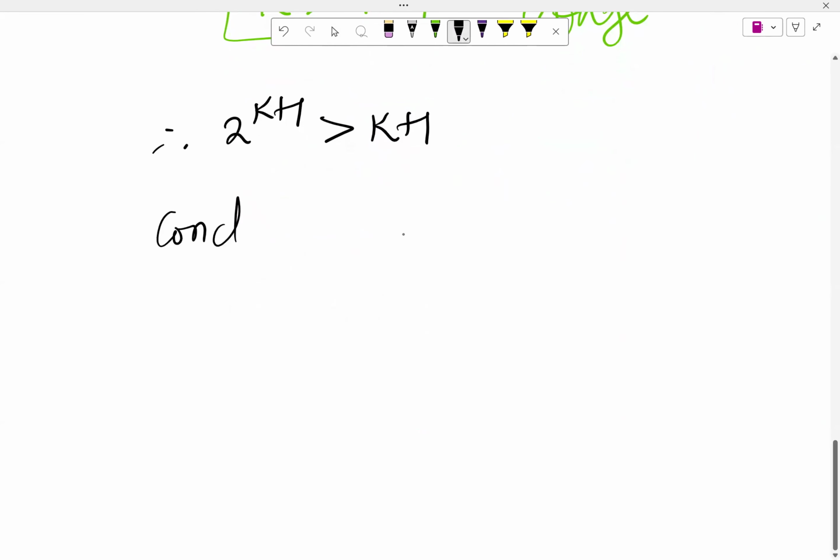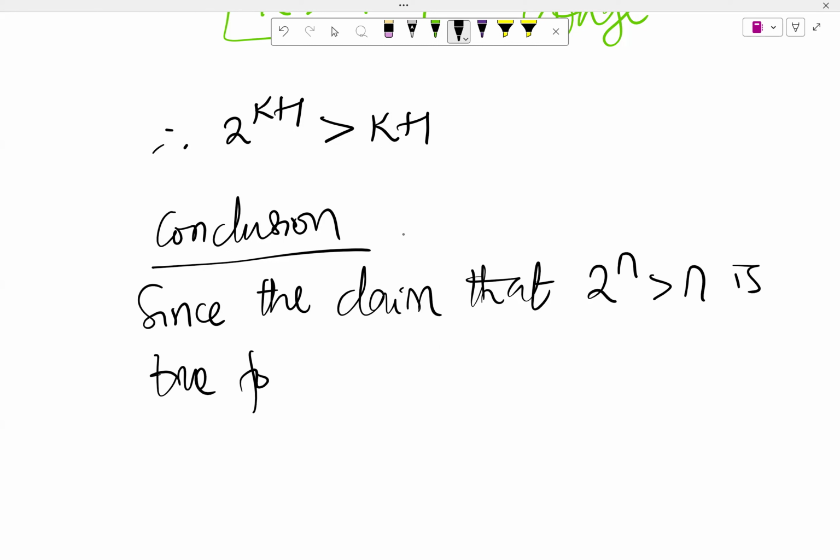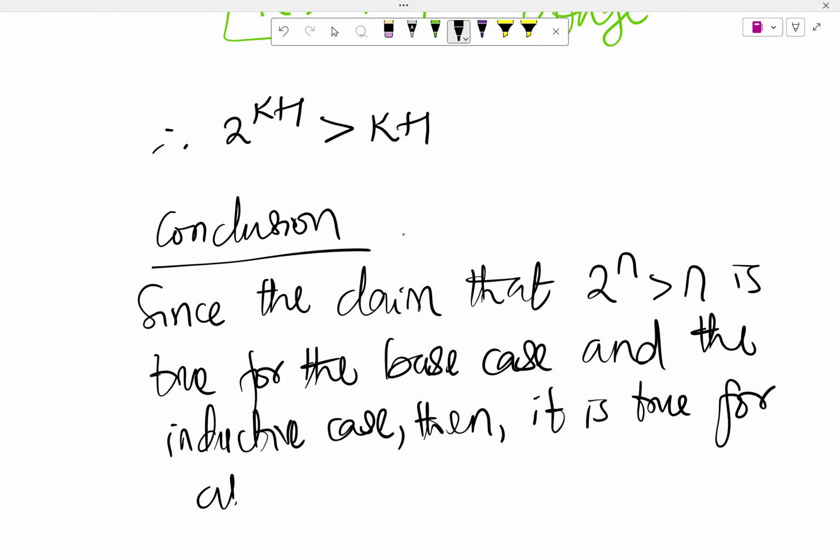In conclusion, we can say that since the claim that 2 raised to power n is greater than n is true for the base case and the inductive case, then it is true for all positive integers n.